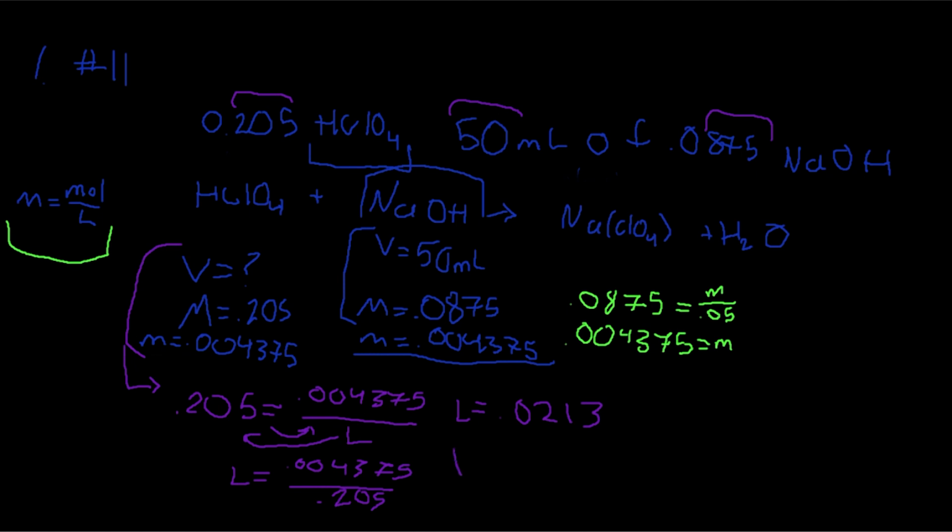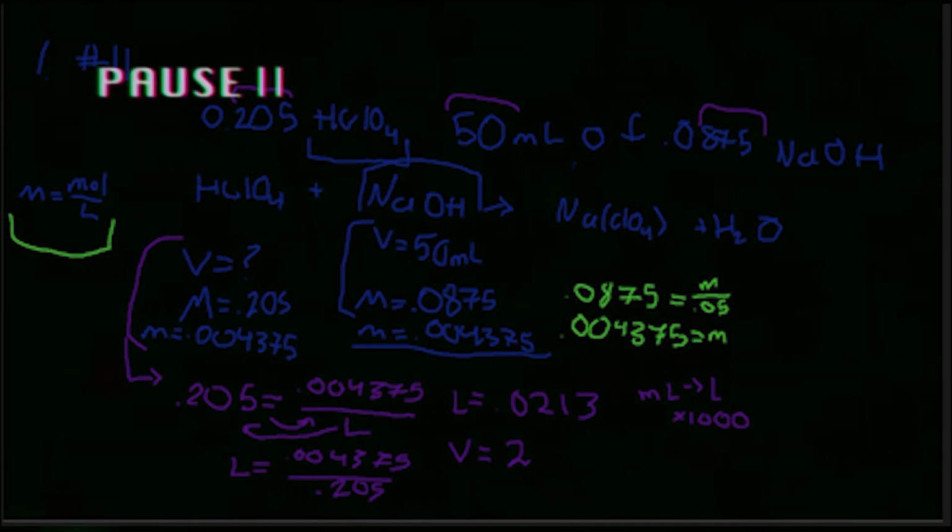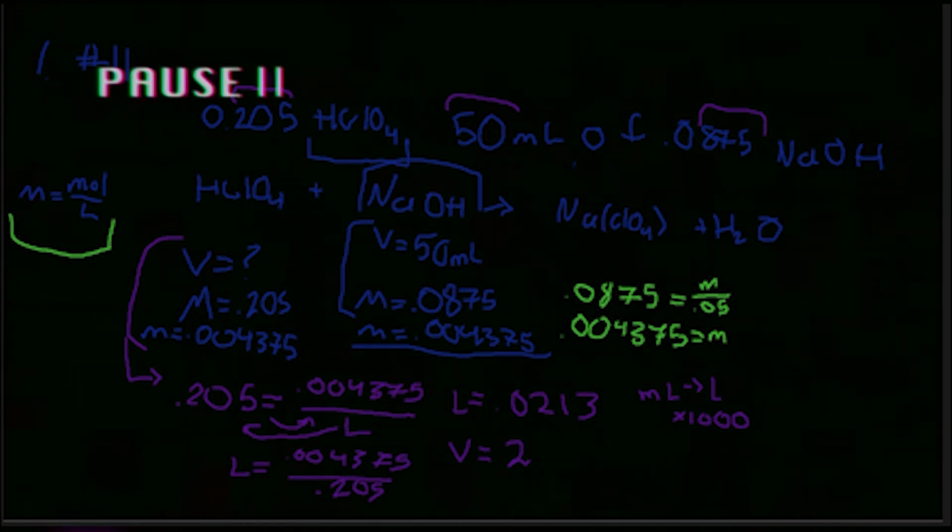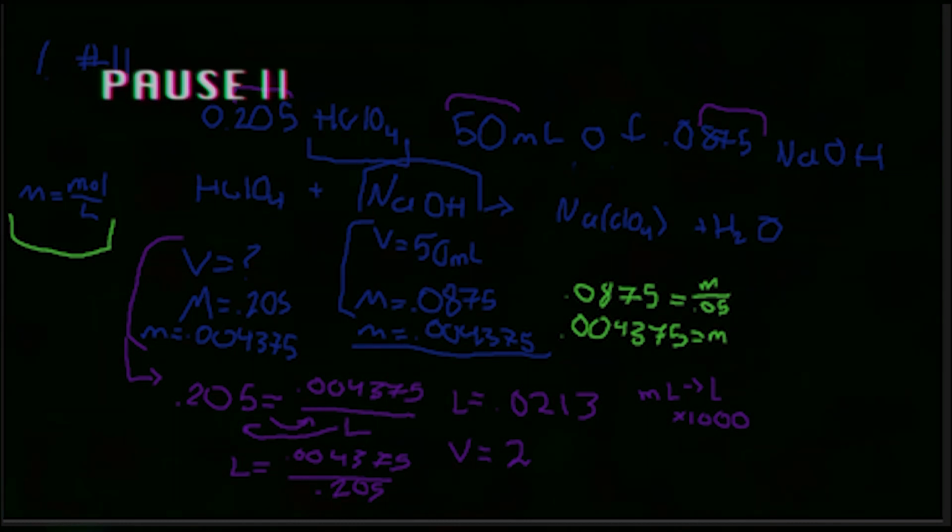So our volume that is needed completely is, and remember, milliliters to liters is multiplied by 1,000. Yes, I know, I said multiply by 1,000 when you're going milliliters to liters. You're supposed to divide by 1,000.